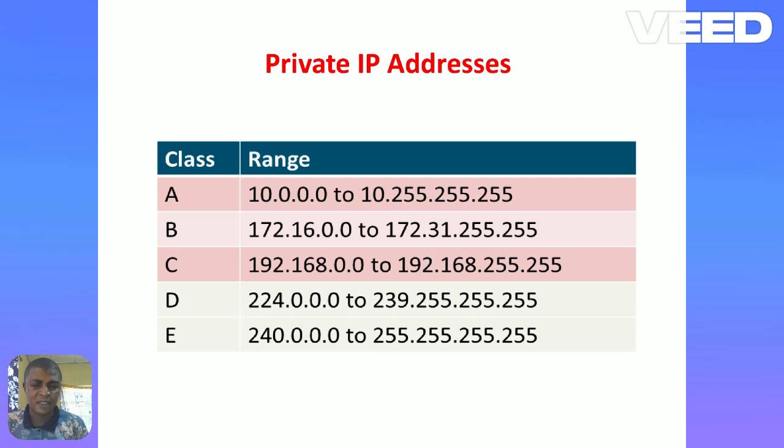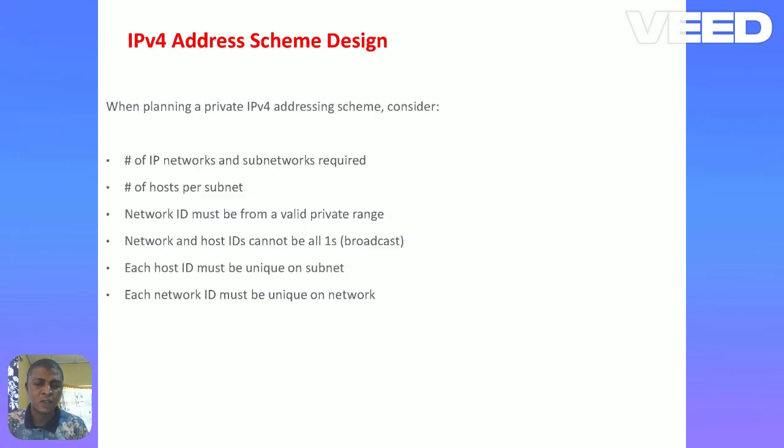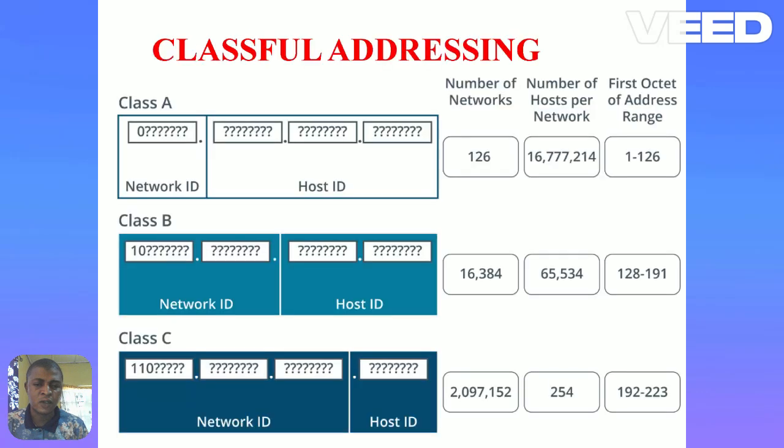We have the class C, which is 192.168.0.0 to 192.168.255.255. We have the class D, which is 224.0.0.0 to 239.255.255.255. We have the class E, which is 240.0.0.0 to 255.255.255.255.